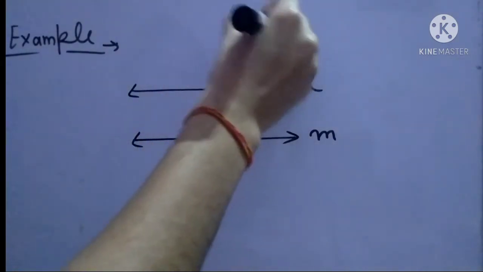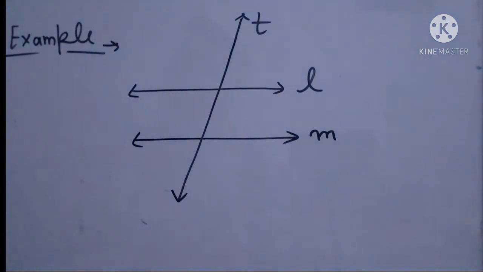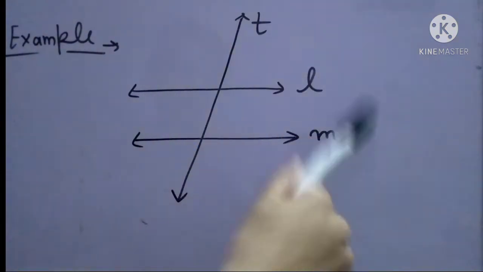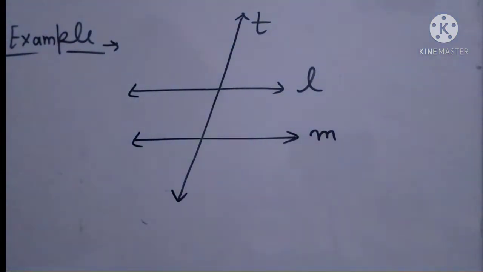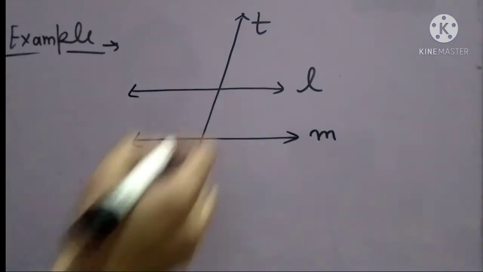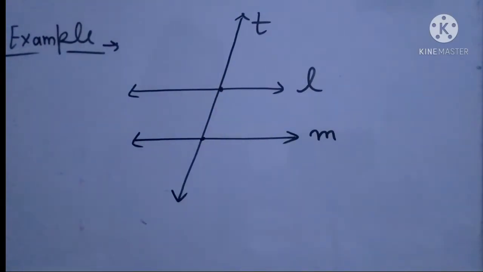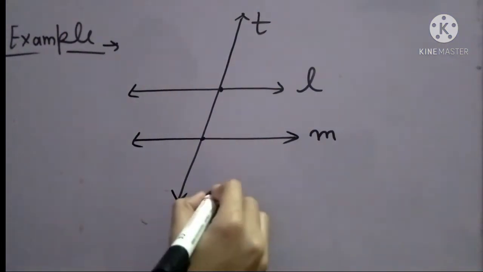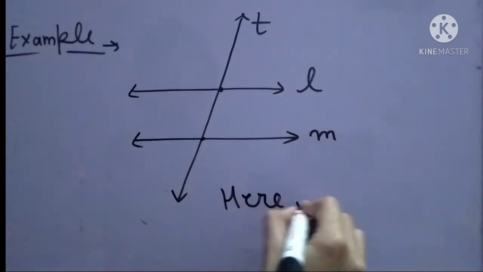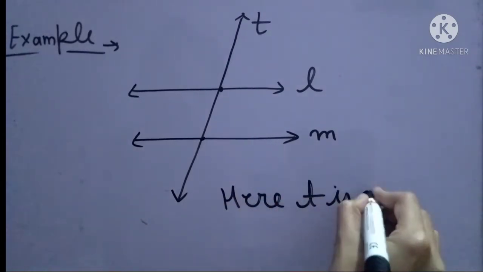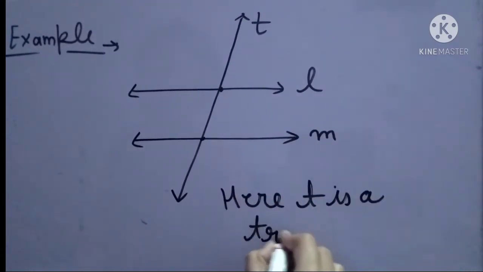This is line T. This line T intersects these two lines at different points, one at this point and one at this point. So this line T is called a transversal. Here T is a transversal.